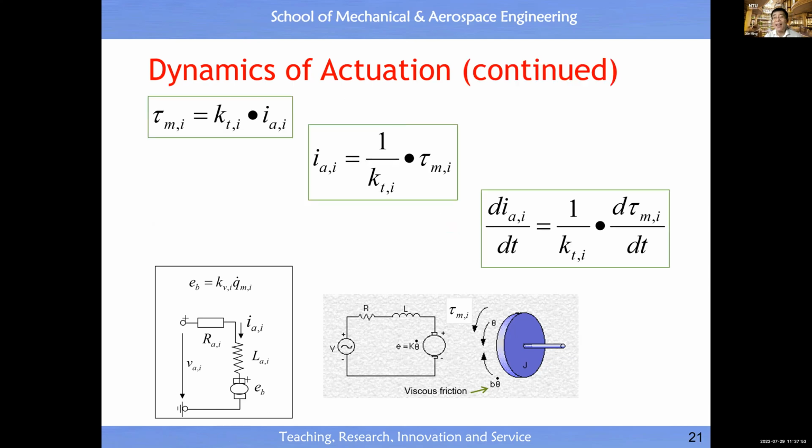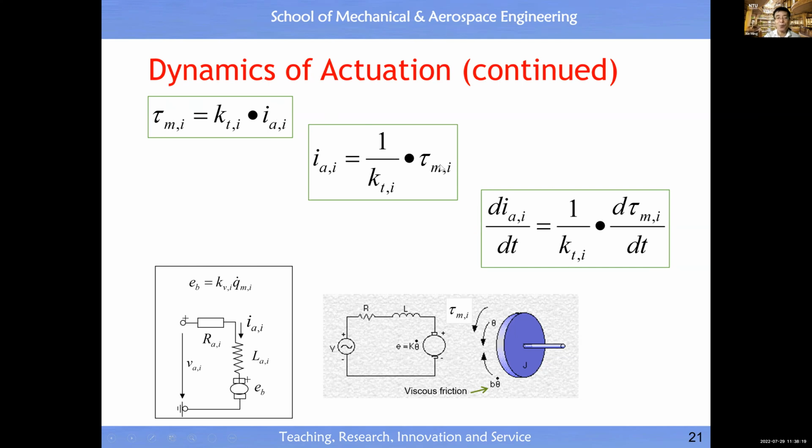Now we look at the magnetic domain. Once we have a magnetic force, then the rotor will receive a torque, okay? Then this torque is proportional to the current which flows inside the coil. This is the motor constant, we call it. So the torque output from the rotor is proportional to the current, all right?